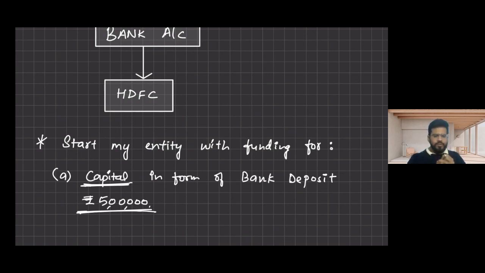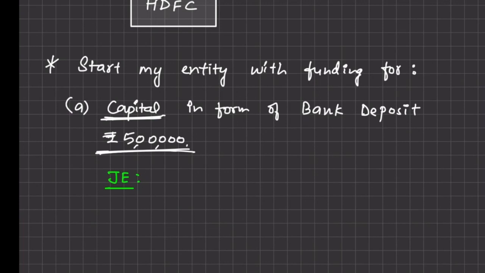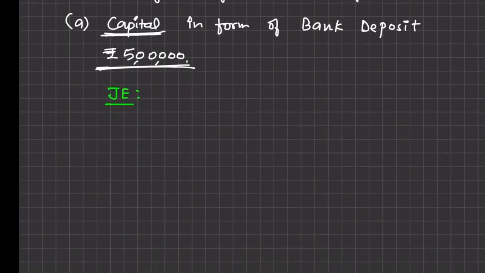Now, everyone who is present in this class, tell me what will be the journal entry for this transaction in your books of accounts? I think everybody in this class is now very much capable of finding out the journal entries. What would be the journal entry? We are depositing the amount in the bank.